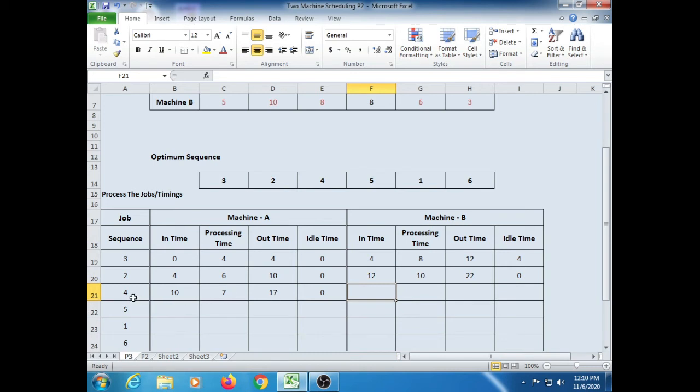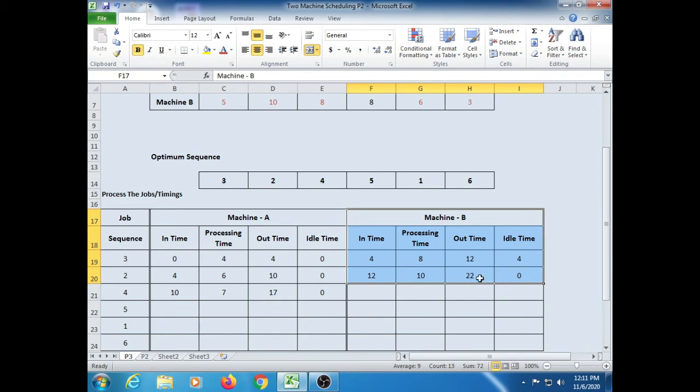Okay, so here the 4th job we have processed and completed at the 17th hour on machine A. At the 17th hour we can process this job on machine B. So that means this 17th hour may become the in time for machine B. Okay, but at the 17th hour machine B is not ready, because at the 17th hour the previous job, that is the second job, is performing up to 22 hours.